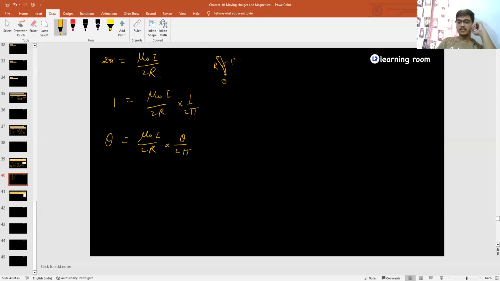Done? You can draw this diagram also. Theta, magnetic field at center O, and this is current I. This is radius r.